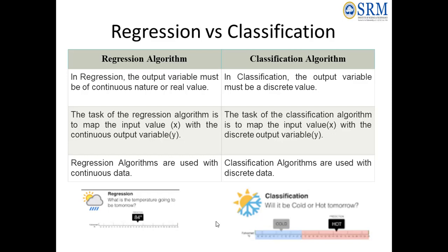Now we'll see different examples. When we are going to find a price, salary, age, etc., this is nothing but a prediction, so the output will be a value. Age can be predicted; it can be 30, 20, 40 or anything.